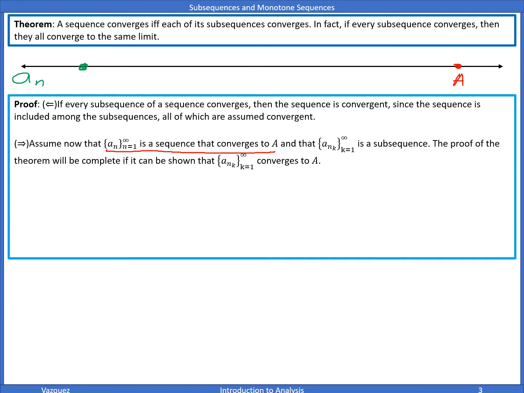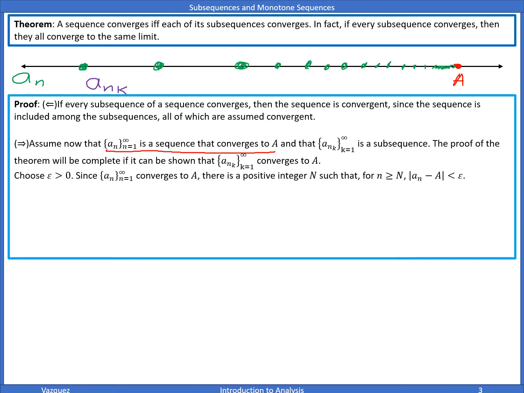So let's say we have a point here, here, here, and then as we get closer and closer, there's a bunch of points. And a sub n sub k, I'm going to put in purple. So we're going to show that this subsequence, a sub n sub k, converges to a as well.